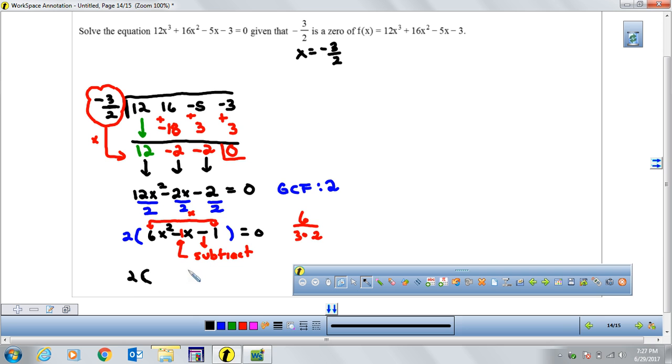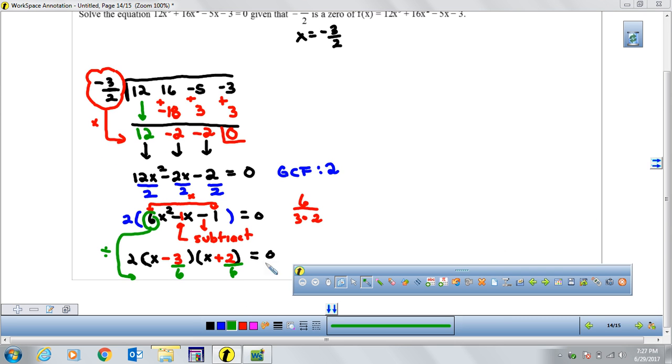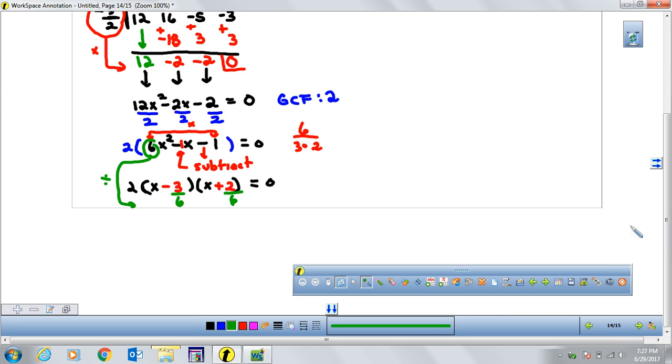So we're going to open the two parentheses. We're going to have an x on each one. Then the two factors, which are negative 3 and positive 2. But on this polynomial, since a is equal to 6, then remember we have to divide both factors by 6. Since none of them can be divided by 6, then we have to reduce this.